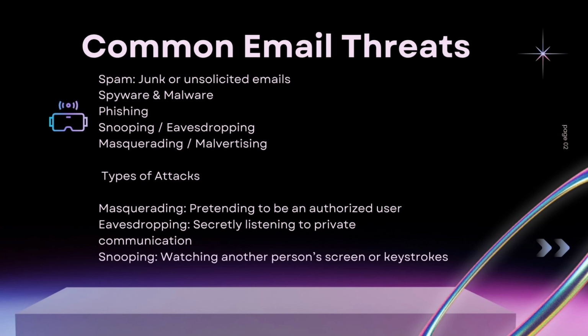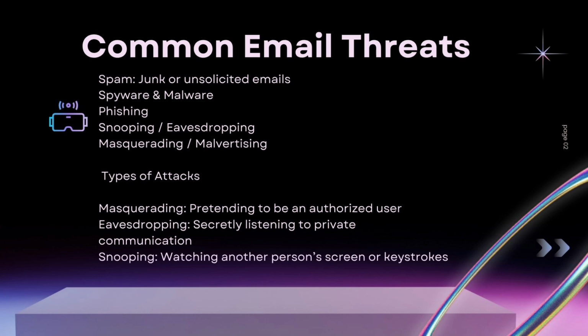Spyware and malware are harmful or malicious software that steals or damages data. Phishing is fraudulent attempts to steal your information, and snooping and eavesdropping is secretly listening to or observing messages. Masquerading is pretending to be someone else, and malvertising is spreading malware through ads.